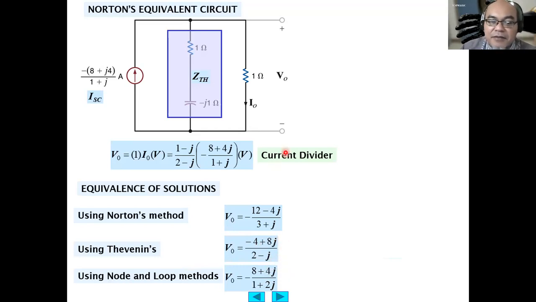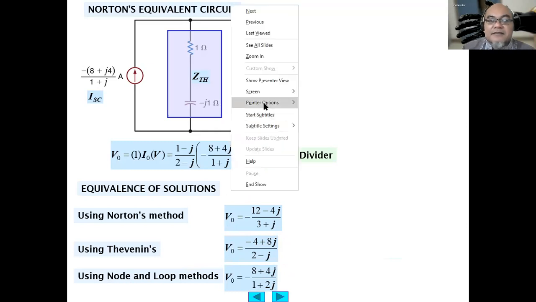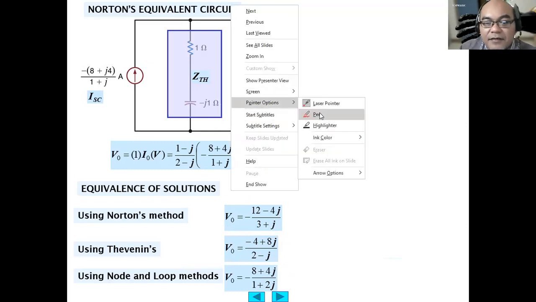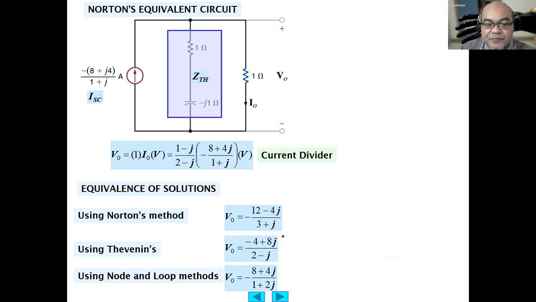Basically, if you multiply by j and j, for example, this becomes 2j, this becomes positive 1, and the upper part becomes minus 8, and this part becomes minus 4j. So this is equivalent.